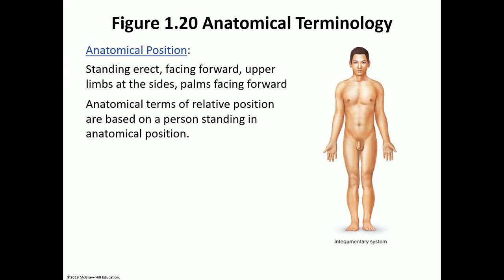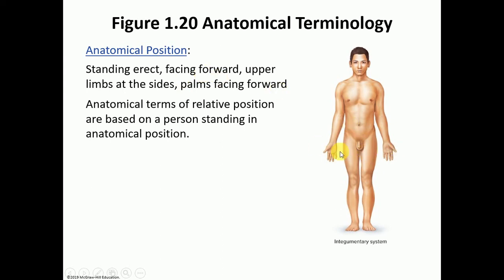So a standardized position is known as the anatomical position, where the human is standing erect, facing forward. The upper limbs are to the side, as you see here, with the palms facing forward, and the fingers fanned apart from each other.